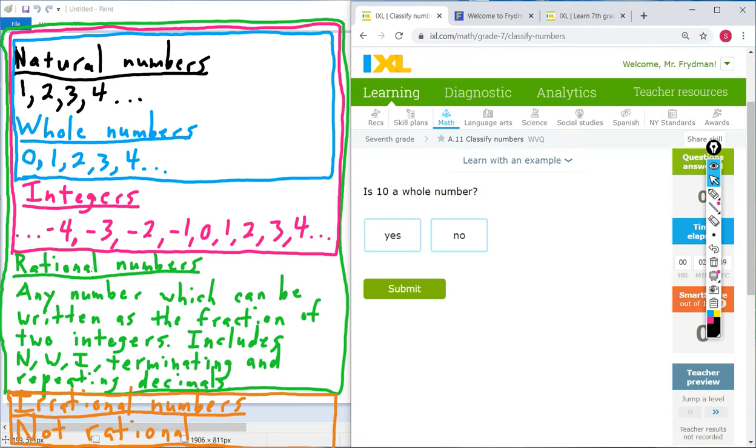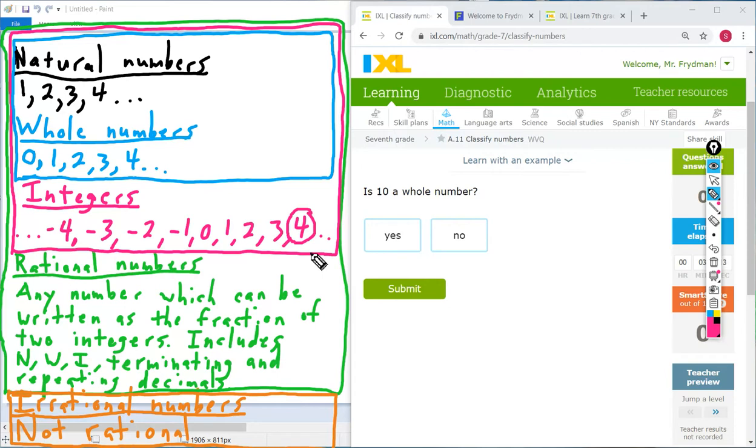And now what about the rational numbers? Okay, so here we have to state a definition. A rational number is any number which can be written as the fraction of 2 integers. So let's pause there. What if I were to ask myself, is 4 a rational number?